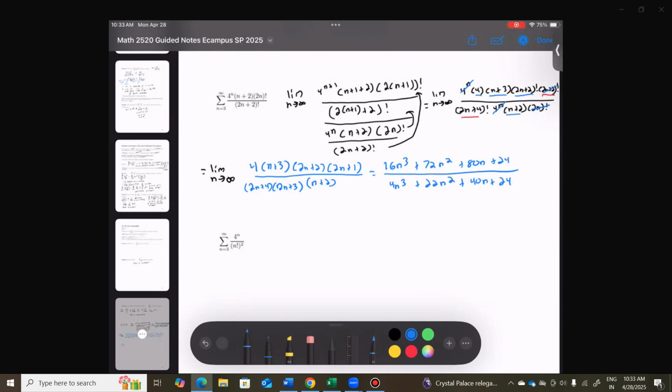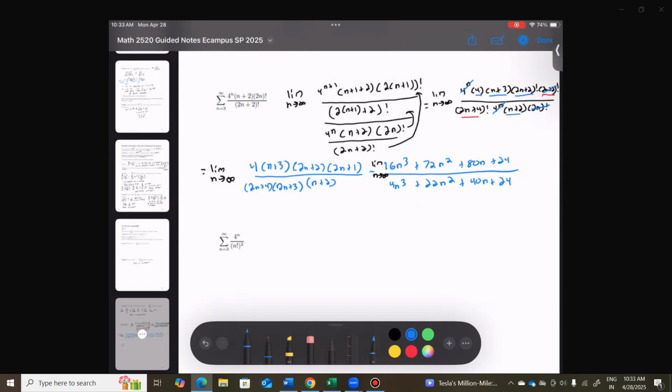Okay, and we'll end up with the limit as n goes to infinity. Right, so divide across by n cubed.